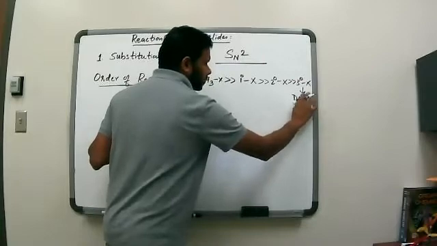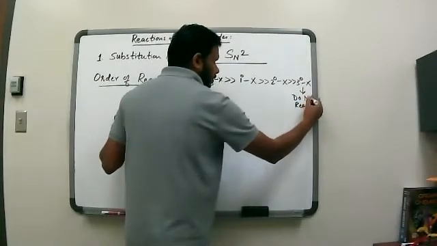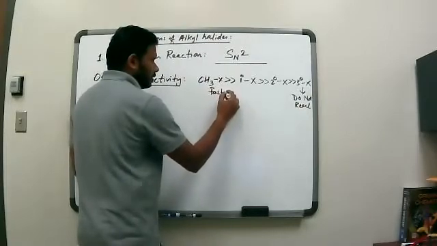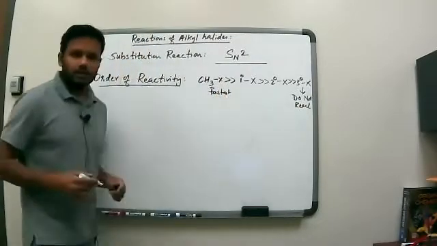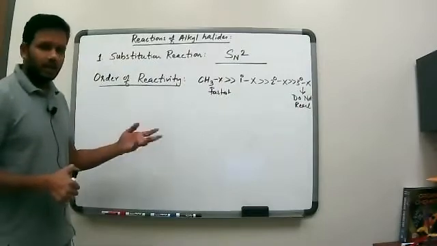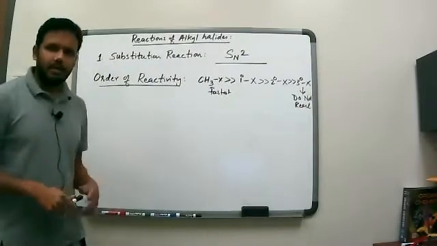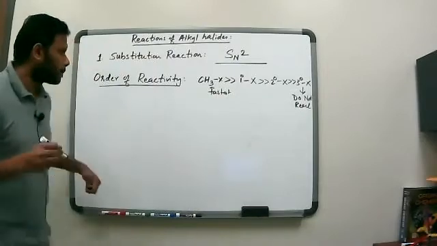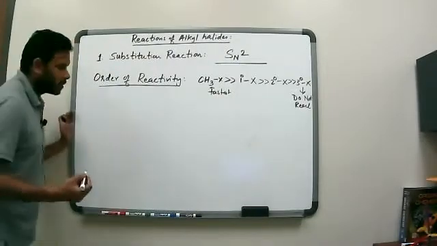Tertiaries do not react. This is the fastest. So let's see if this backside attack model helps us understand why this would be the case.